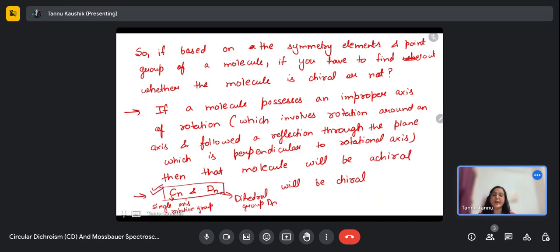So based on these point groups you can directly find out whether a molecule is chiral or achiral.